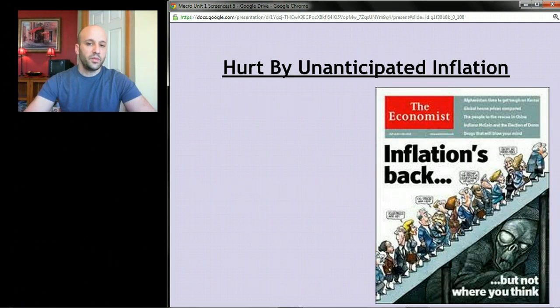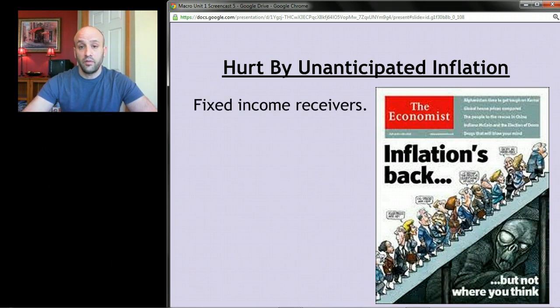So we're going to distinguish between people that are hurt by unanticipated inflation, and there are actually some people that benefit from unanticipated inflation. This might be a memorization thing for you, but if you can understand it conceptually, that'd be even better. So people that are hurt by unanticipated inflation include people who receive fixed incomes.